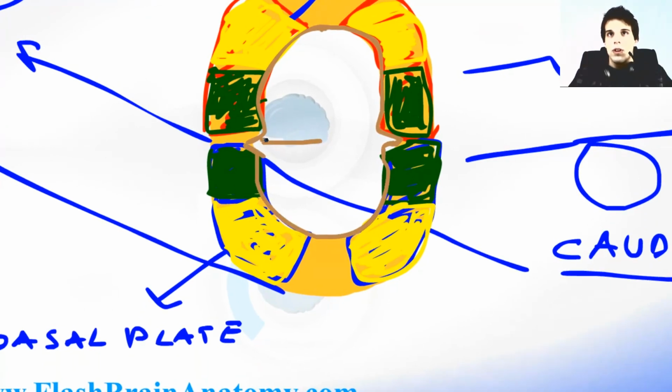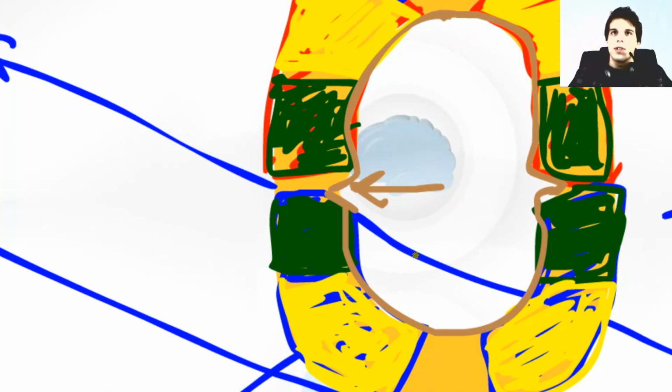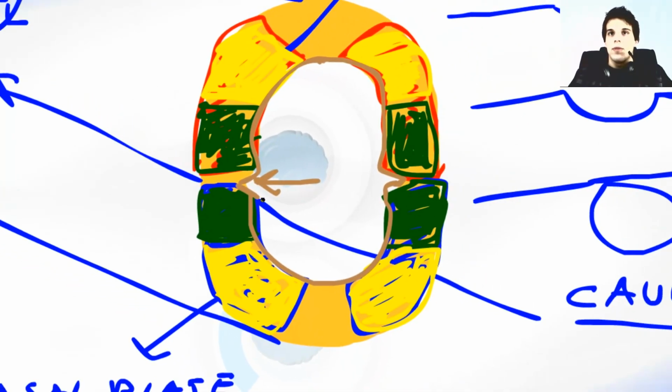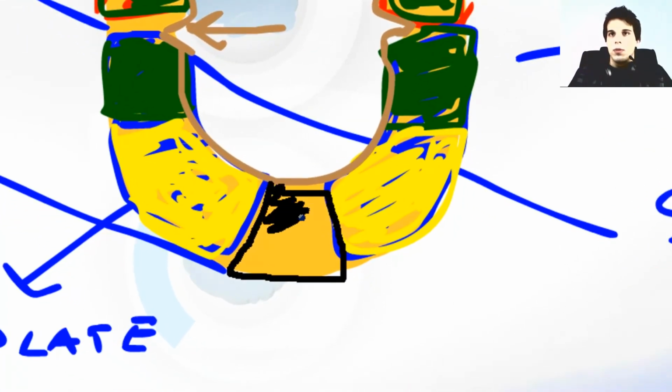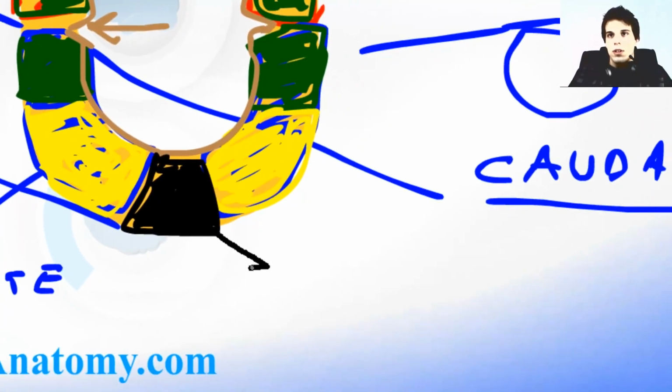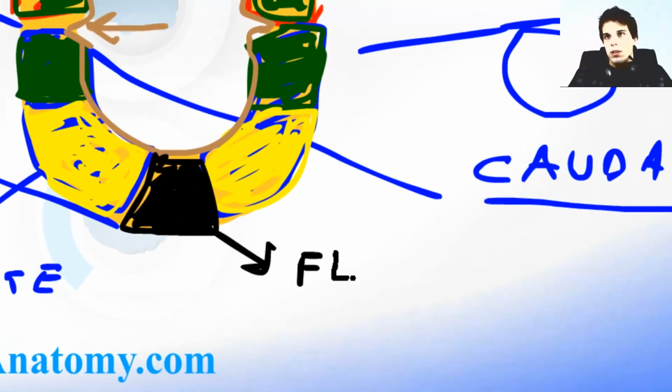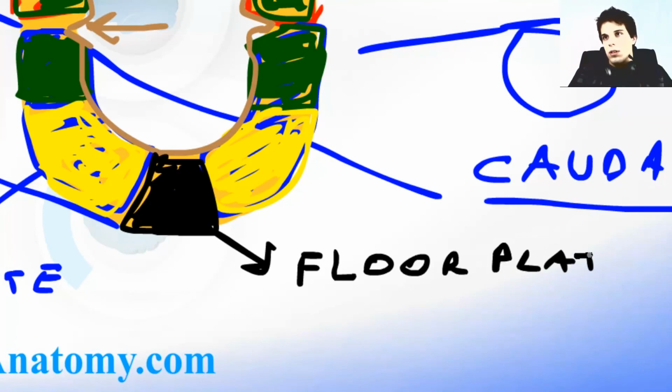And this sulcus over here is the sulcus limitans. It separates the alar plate from the basal plate. This part over here, on the ventral side of the neural tube, is the floor plate. It serves as a guide for positioning of the neural tube. So this is the floor plate. And this part over here, the dorsal part of the neural tube, is called the roof plate.